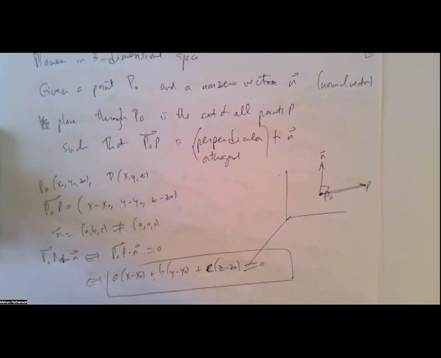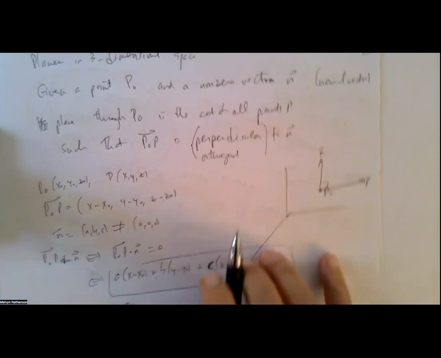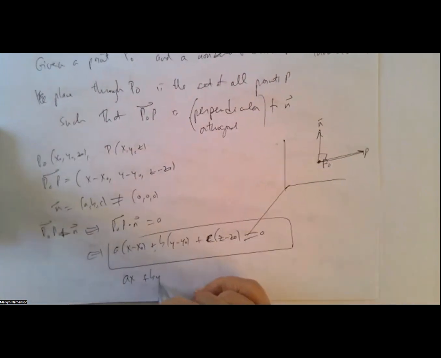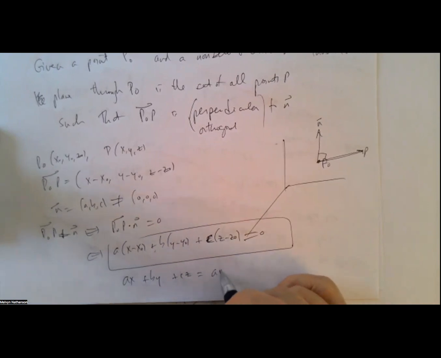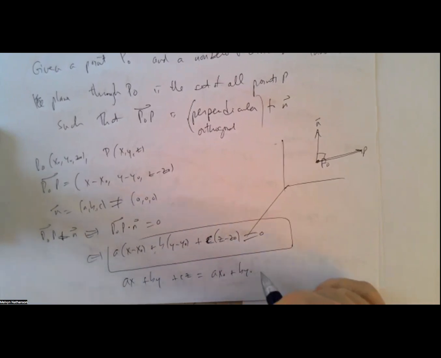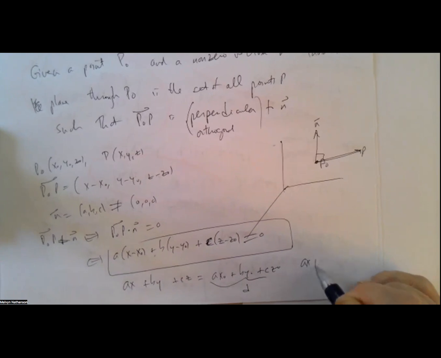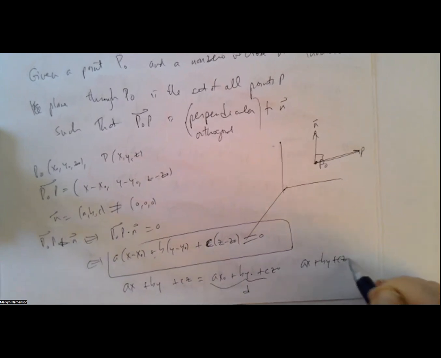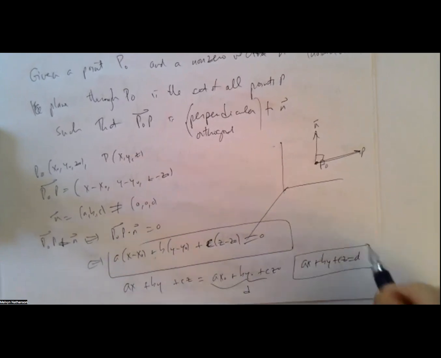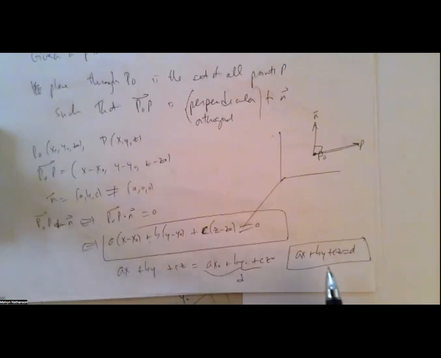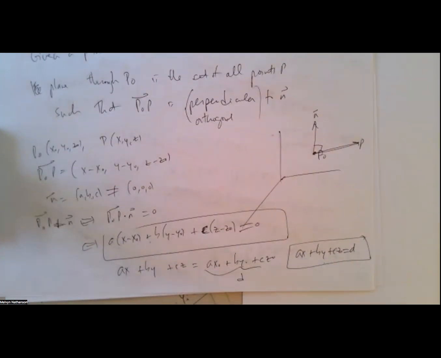And you can expand this, you would get AX plus BY plus CZ equals AX naught plus BY naught plus CZ naught. If I call this number D, it's AX plus BY plus CZ equals D. And in fact, any equation of this form defines a plane in three-dimensional space.